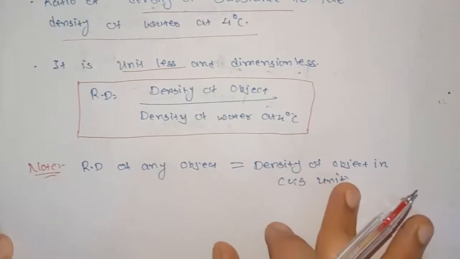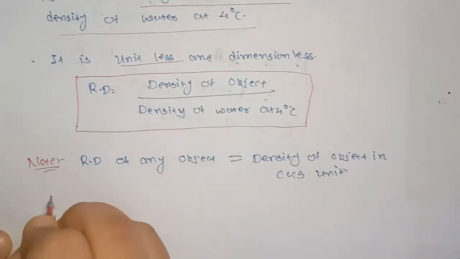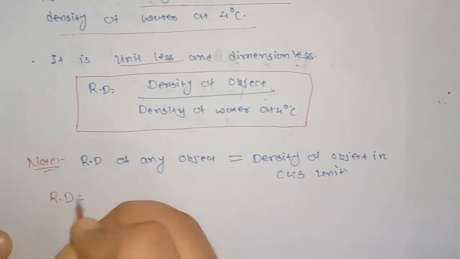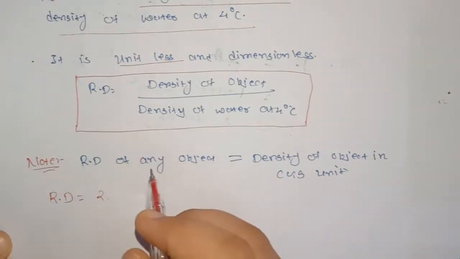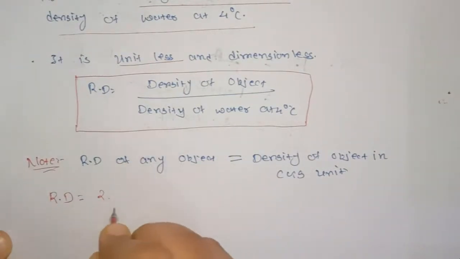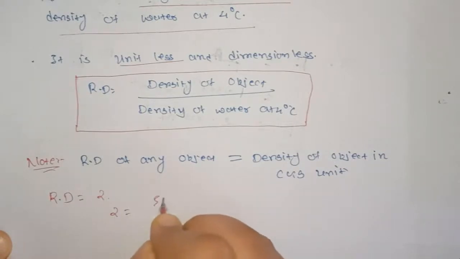How? Let us see with an example. For example, the relative density of any object is given 2. We want to find the density of body. Relative density 2 is equals to density of body upon density of water. If I want the density of body in CGS unit, I have to put density of water also in CGS unit.